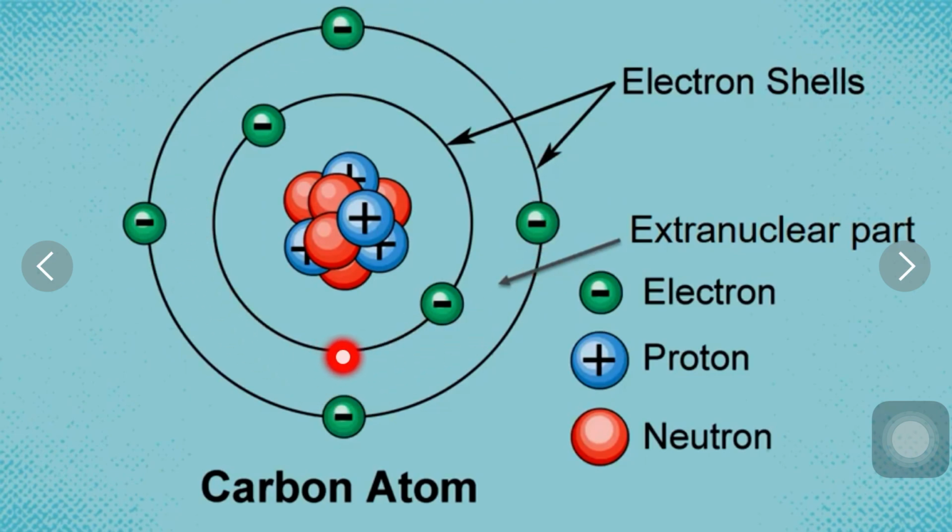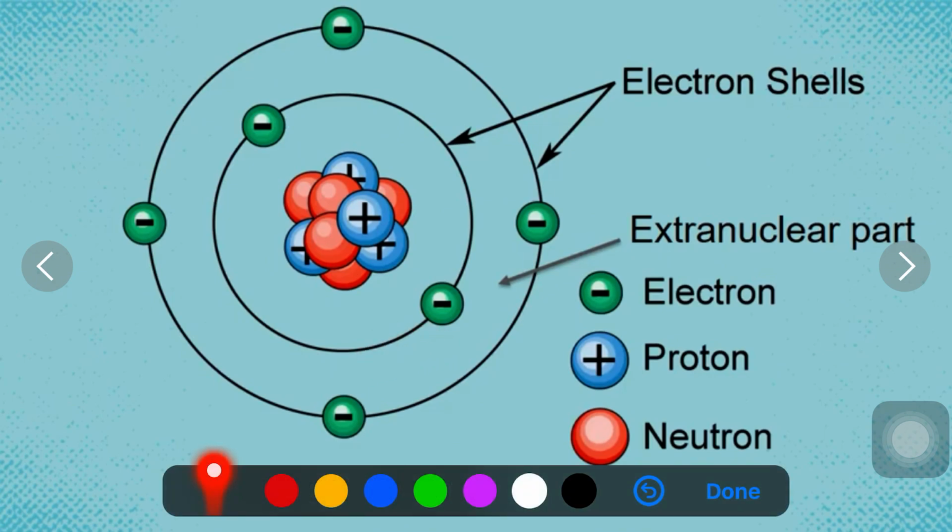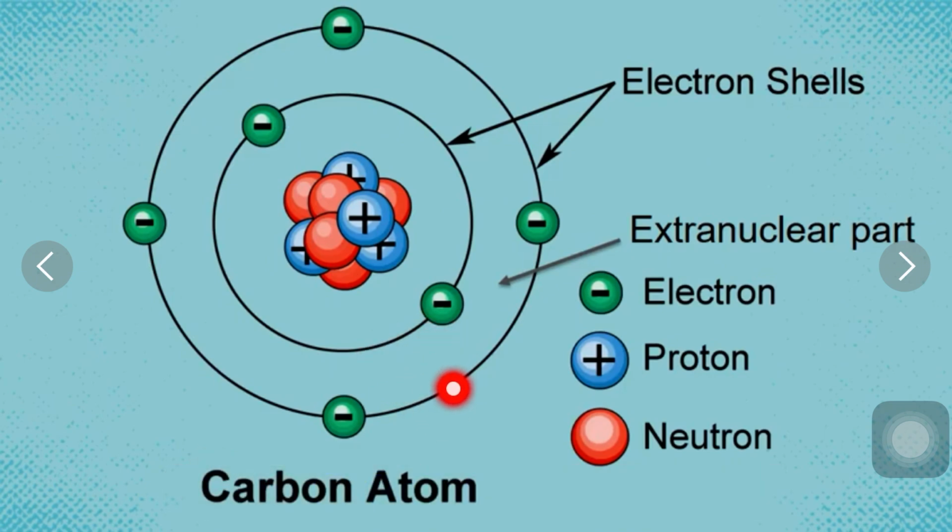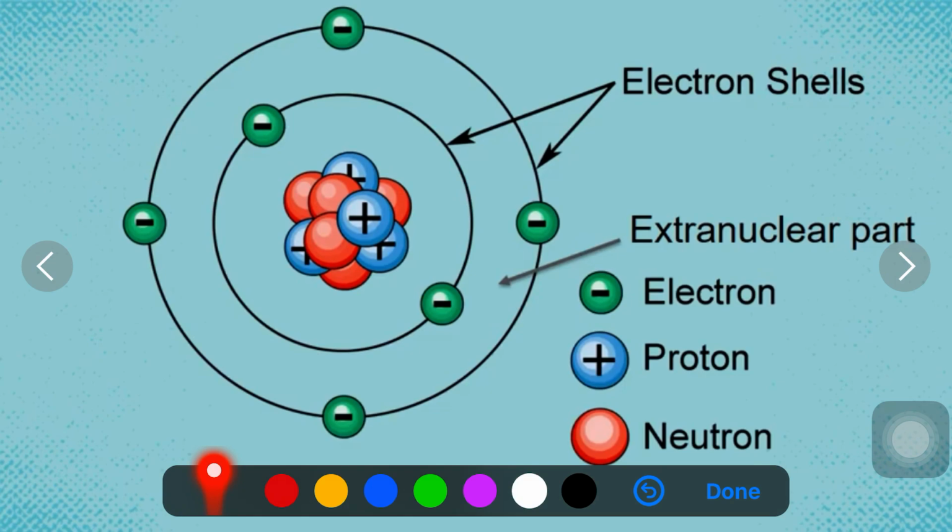This orbit being three-dimensional in nature, the term shell is used instead of orbit. Now, the number of electrons is equal to the number of protons. That is why the atom becomes electrically neutral.